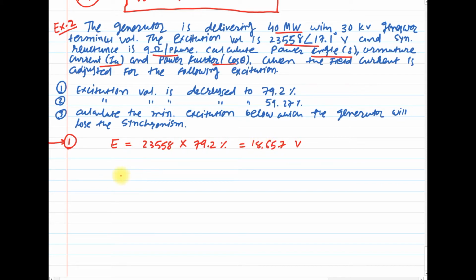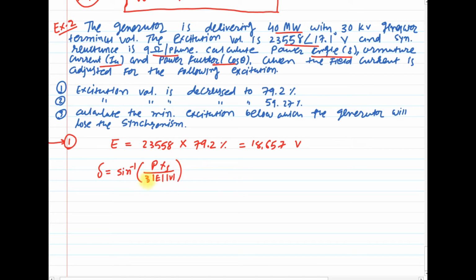For this case, we have to calculate the armature current, power angle, and power factor. So we know the equation. I will just write directly the equation of delta, which is sine inverse of P times XS divided by 3EV.